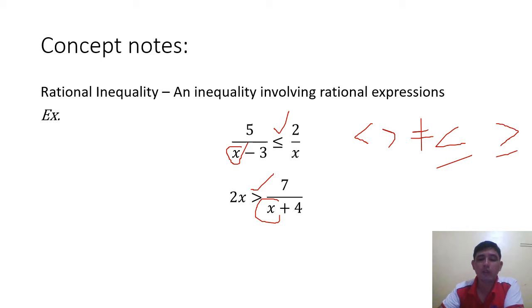If the expression has one of these inequality symbols, that means it is a rational inequality. Meaning there are lots of values of x that will satisfy the inequality. What are the values of x that will satisfy 2x is less than 7 over x plus 4? So that is for rational inequality.